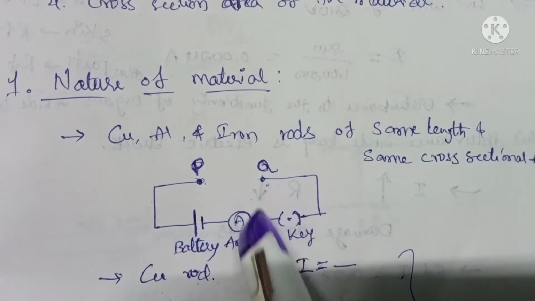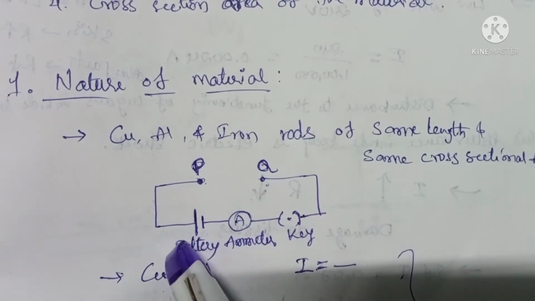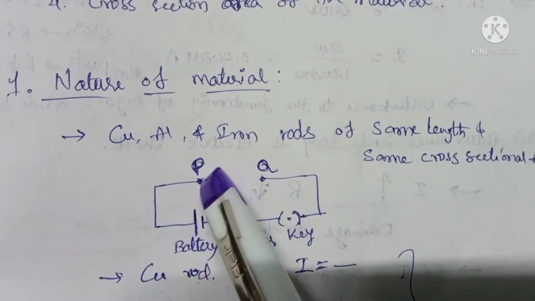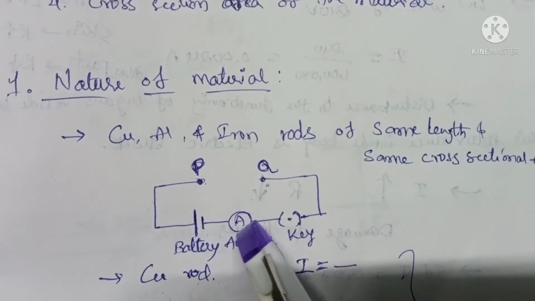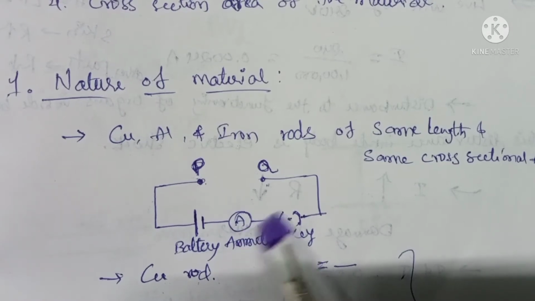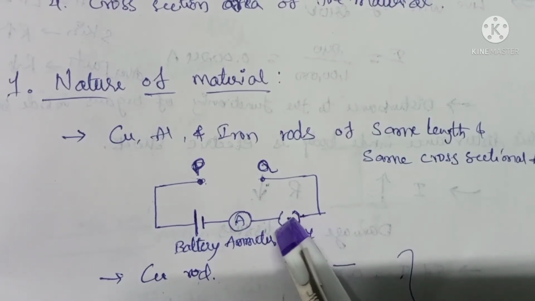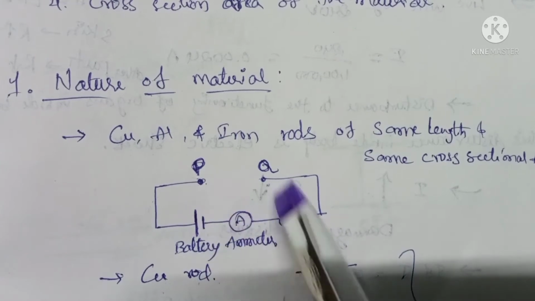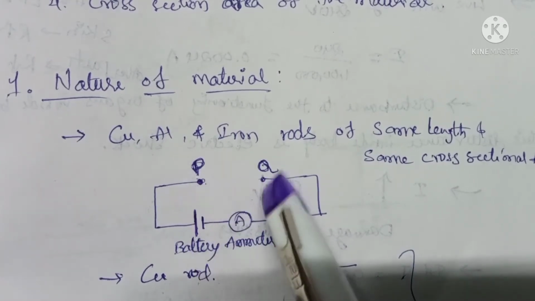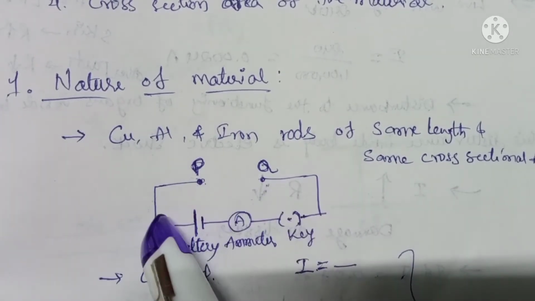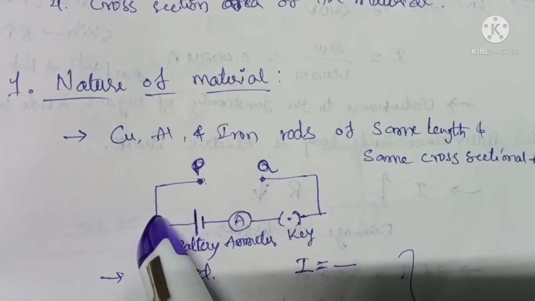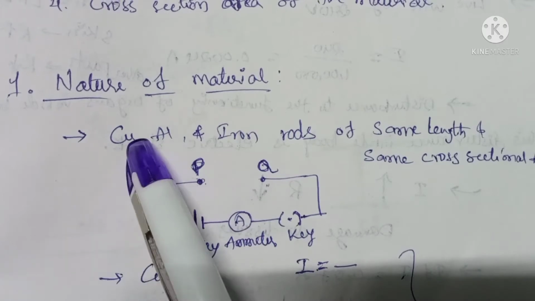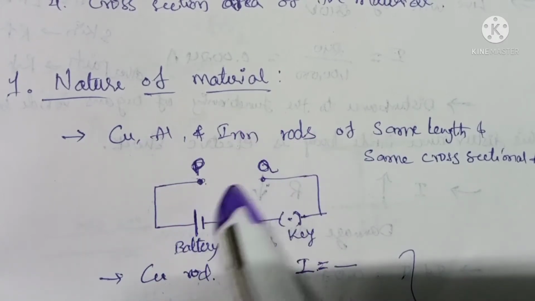The battery supplies energy to the circuit, the ammeter measures the current in that circuit, and the purpose of the key is to switch the circuit on and off. P and Q are the free terminals of connecting wires, to which we will connect different types of materials.